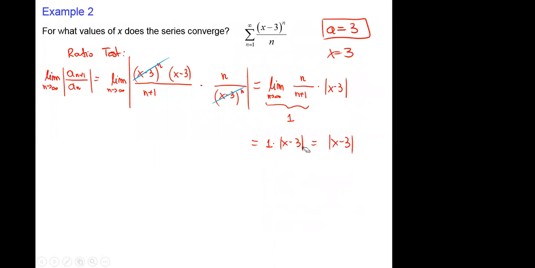Based on the property of the ratio test, it is known that the answer must be less than 1, then my tested series is convergent.